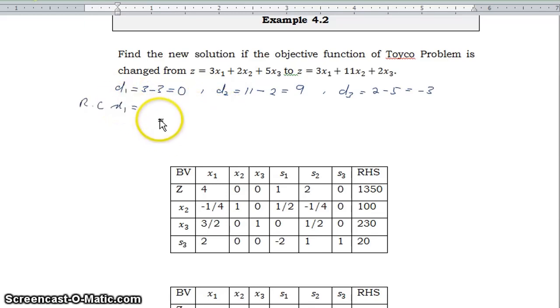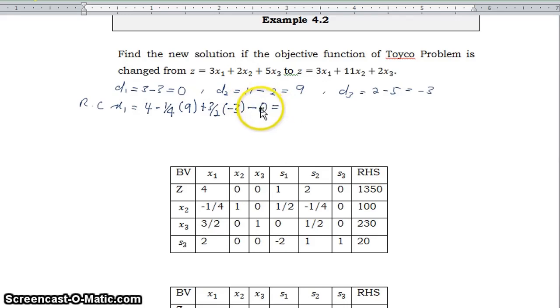The reduced cost of X1 is 4 minus 1 over 4 times D2, which is 9, plus 3 over 2 times D3, which is negative 3, and minus D1. D1 is 0.